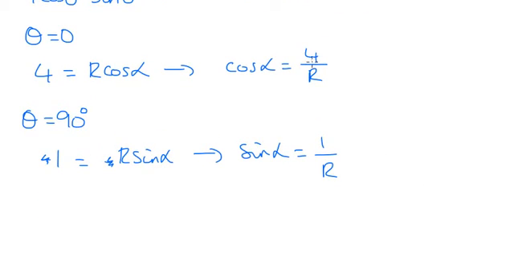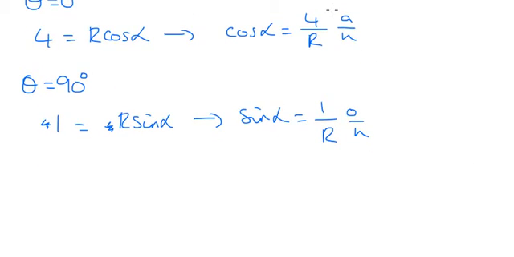Now what we can do is link this to a right angle triangle, where cos theta is the adjacent over the hypotenuse, and sine theta is the opposite over the hypotenuse.